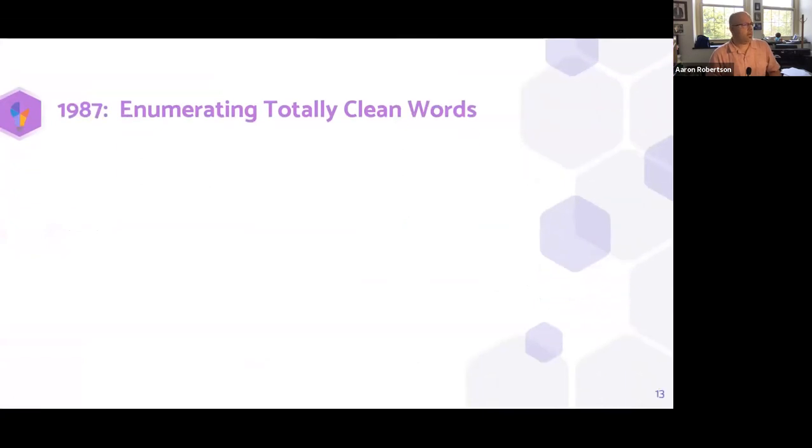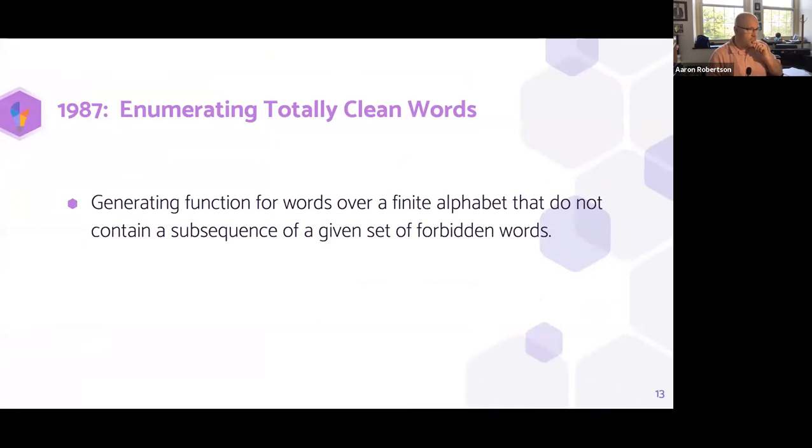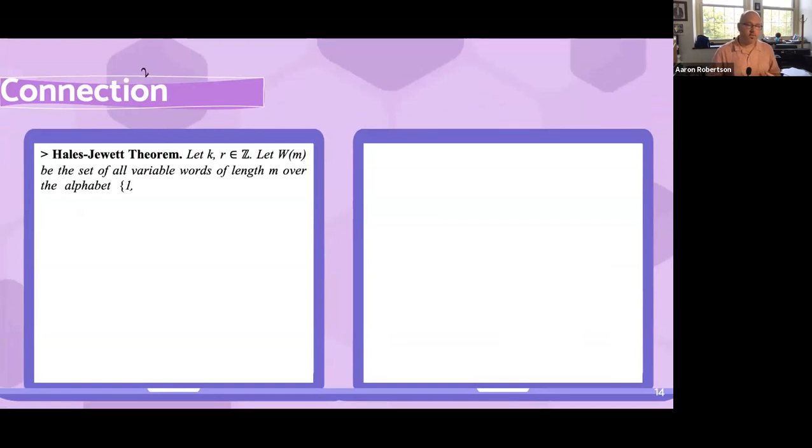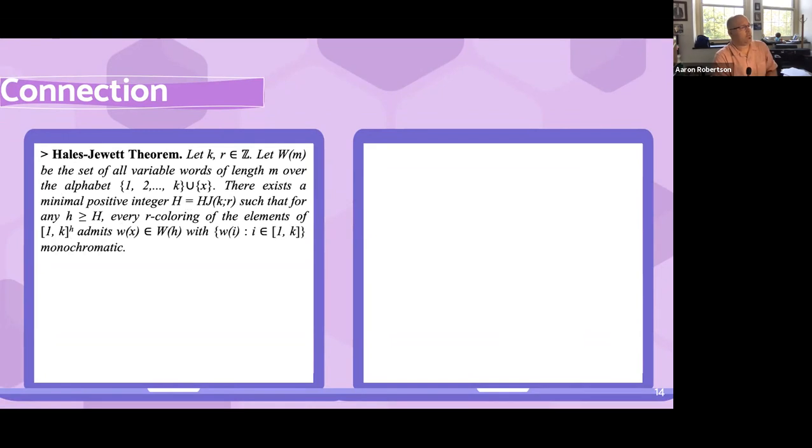Okay, so now we get to enumerating totally clean words. He looks at generating functions over a finite alphabet that do not contain subsequences of what he calls forbidden words. And the connection is the Hales-Jewett theorem, which is a longer statement.